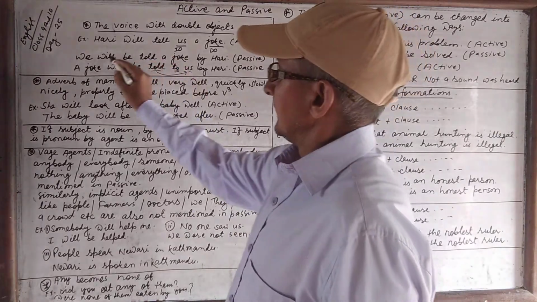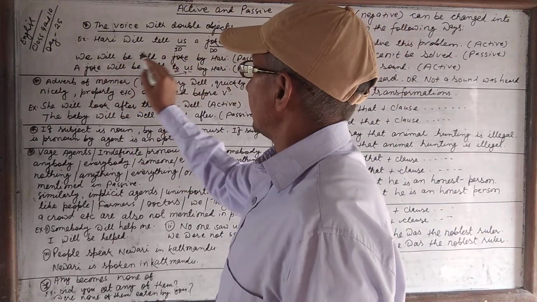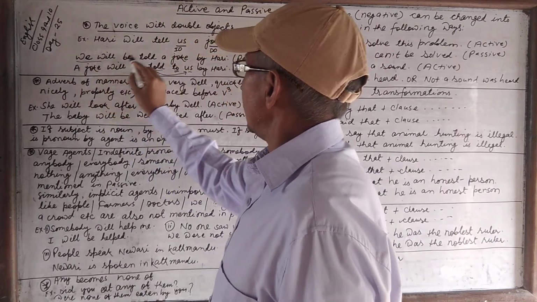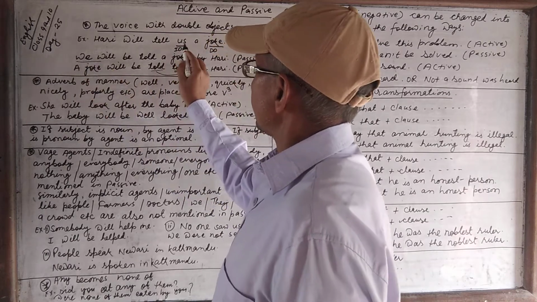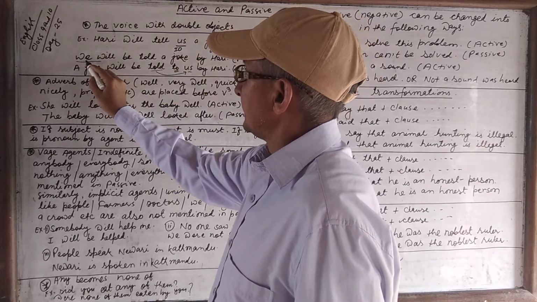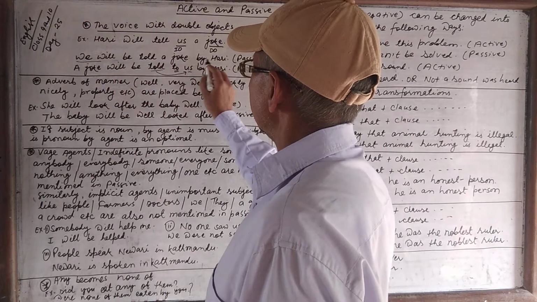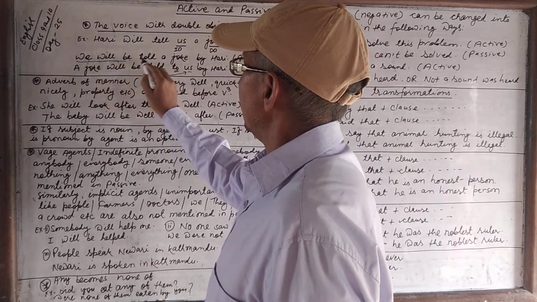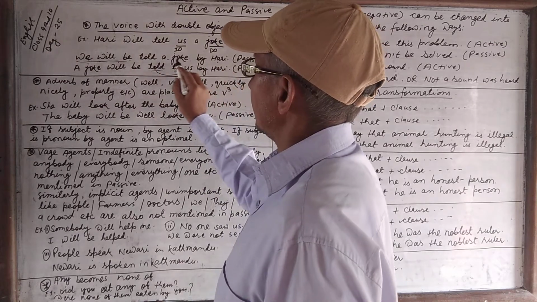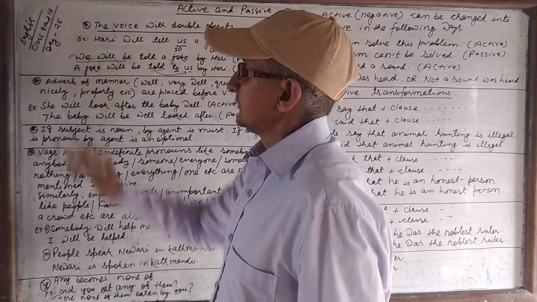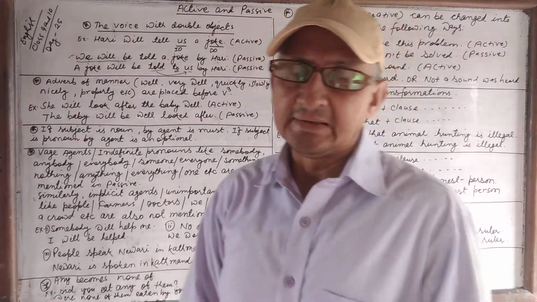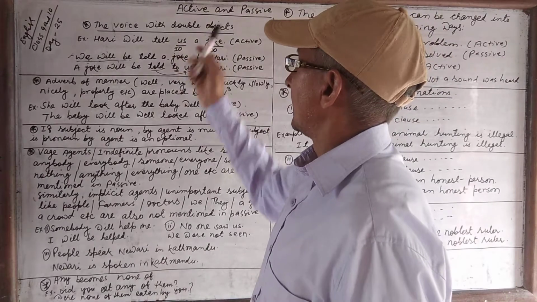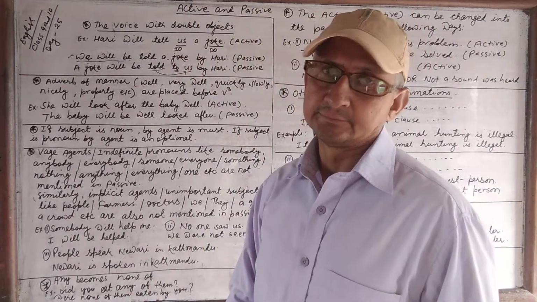Or you can change it in another way. You can write the indirect object as the subject. If you keep the indirect object as the subject in the passive, you can change it this way: We will be told a joke by Hari. In these two ways, you can change active into passive if there is a double object in a sentence.